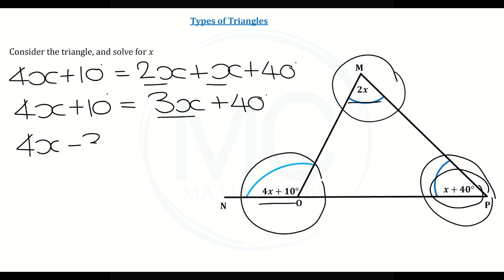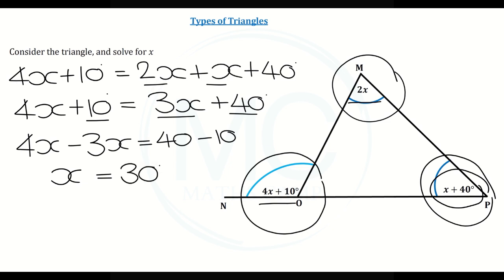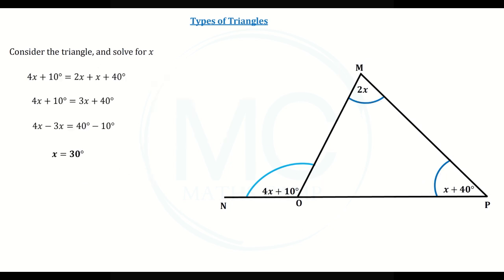We get minus 3x is equal to, on the right, we already have 40 degrees. Let's move this 10 across. So we say minus 10. 4x minus 3x leaves us with x, which is equal to 40 minus 10, which is 30 degrees. And we have now completed this question.